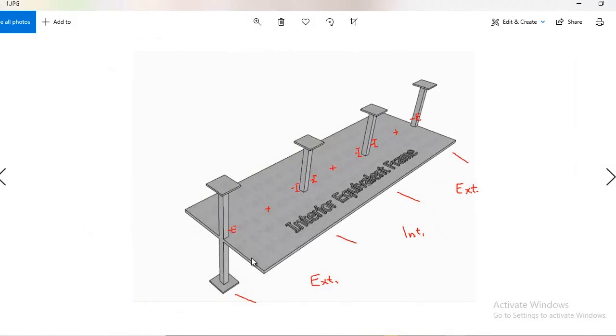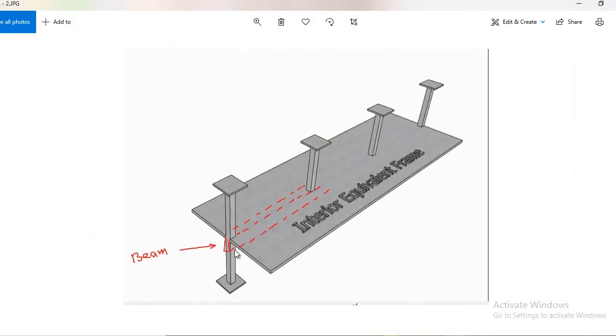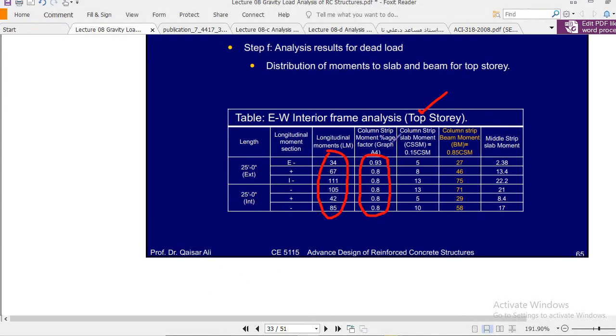You see here we have beams which are running in this direction. Now it is very important to understand this point. Remember, as we are analyzing the slab beam, we have to find the moment. Basically 93% means that you see here 93%.